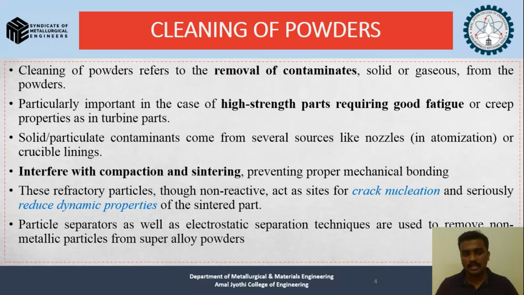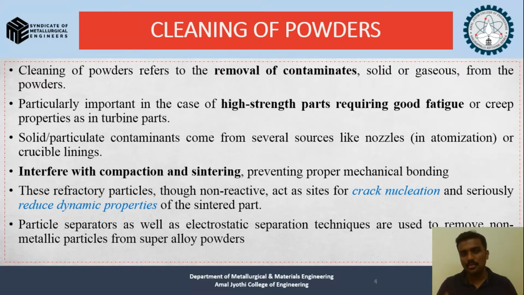Next come solid particulate contaminants, which come from several sources like the nozzles or crucible lining. As you know, we have done several processes, such as atomization, before coming to the final compaction process. During those processes there are chances that contamination gets trapped in our powder material.